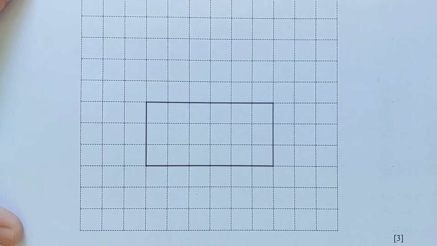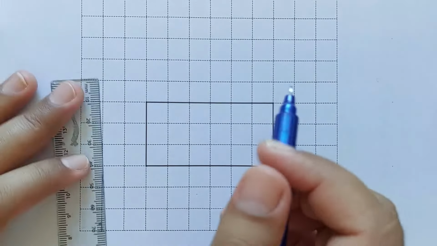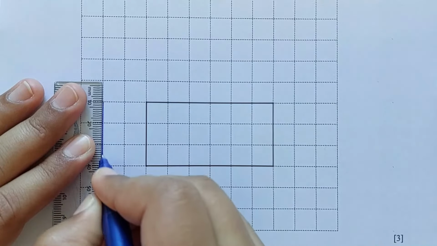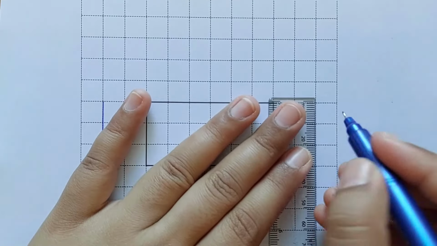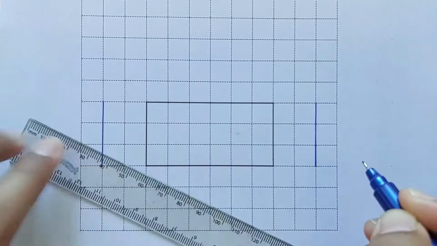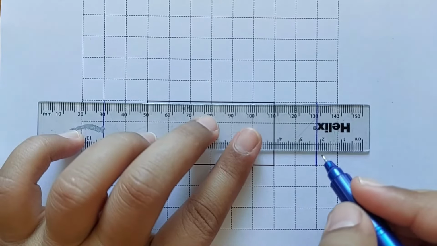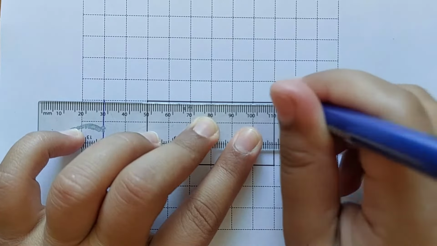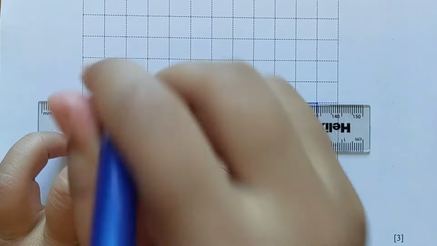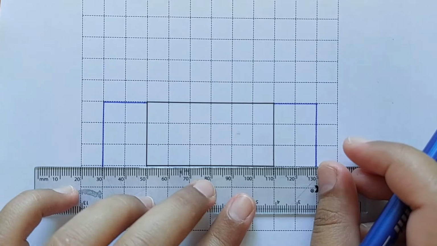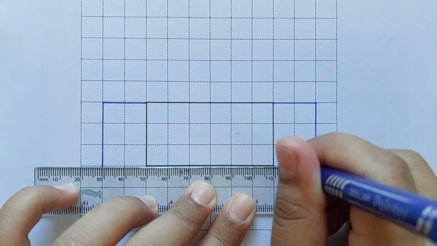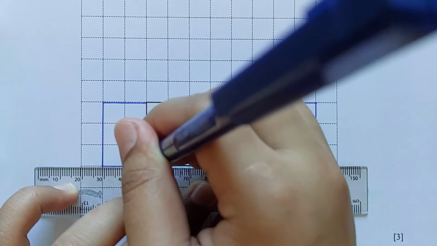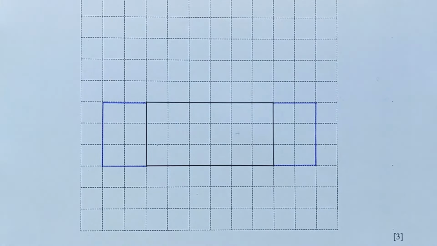So let me draw 3 by 2. This is 3 by 2. The base is already drawn. I drew the left side of the cuboid and the right side of the cuboid, right? Now let me draw the front.